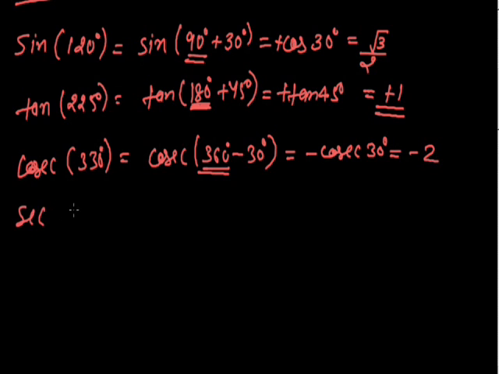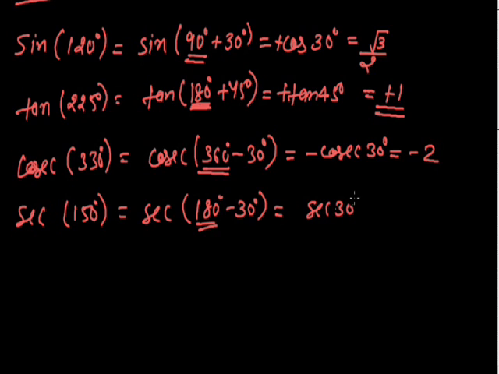If we have sec 150 degree, then we can write it as sec 180 minus 30 degree. So the trigonometric ratio will not change because 180 is a multiple of 180. So we have sec 30 degree, and as the angle is falling in second quadrant, it would be minus sec 30, that would be equal to minus 2 by root 3.